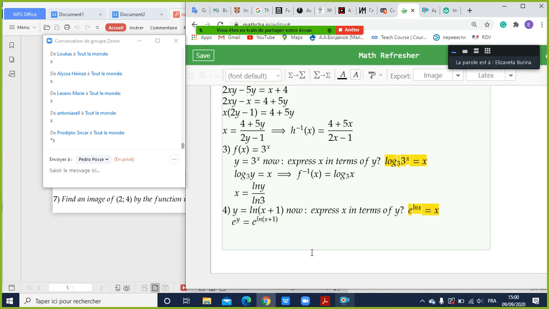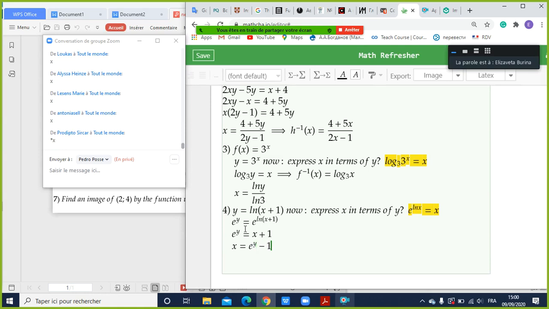Okay, great. Why did I do it? Because I know that now this right part is just x plus 1. So here we have e to the y equals to x plus 1. Okay, great. So we just need to say that x equals to e to the power of y minus 1.